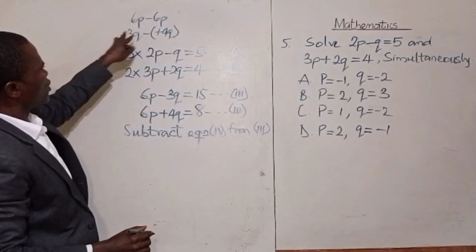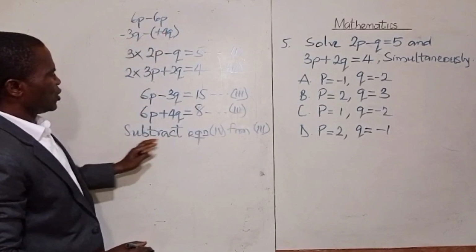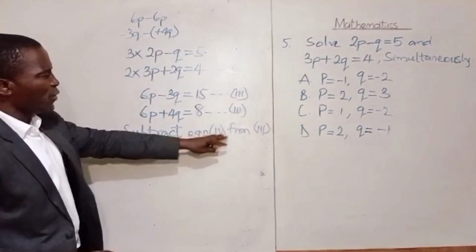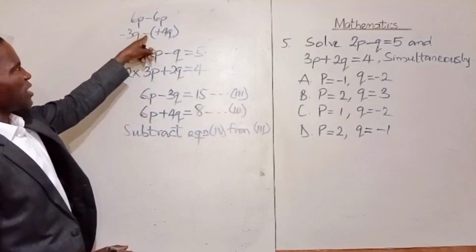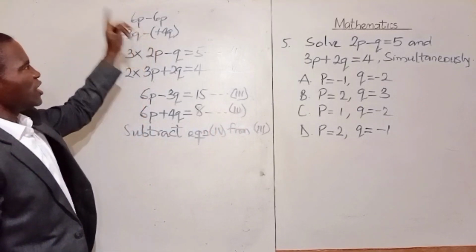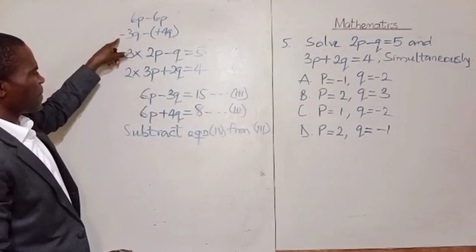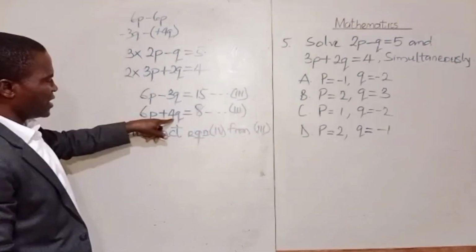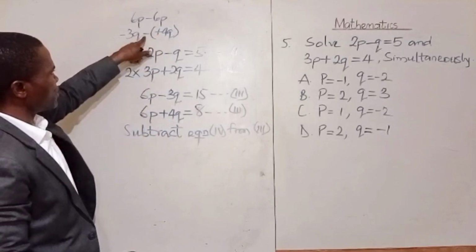Here is minus 3q minus plus 4q. You know, we have to subtract equation 4 from equation 3. That is what is here, this minus. The initial minus possessed by this term is still here, while the plus possessed by this particular term is now here. The subtraction is placed here.